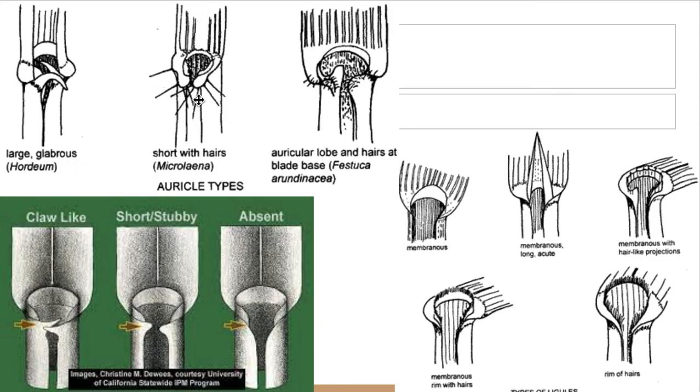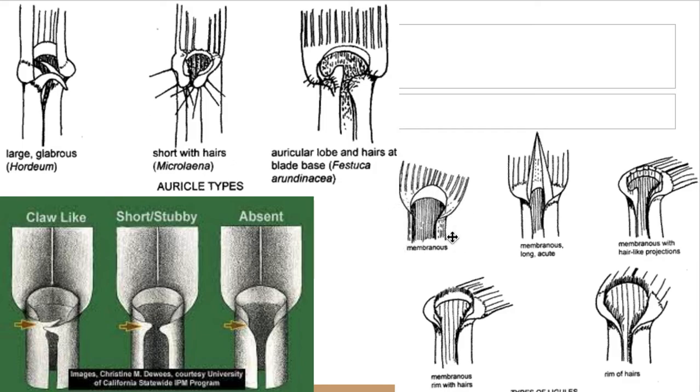So this here is short with hairs, whereas you have an auricular lobe and hairs at the blade base. Then there's more claw-like, and you've got short and stubby, and even absent. So not all plants have an auricle. It's the same with the ligule. Not all plants have a ligule that you can see, or even a ligule.